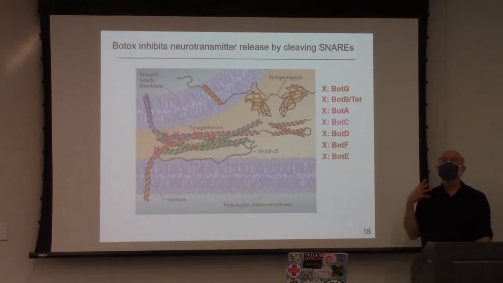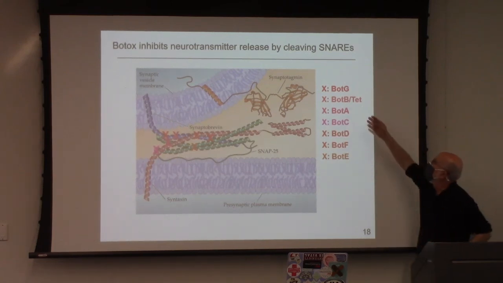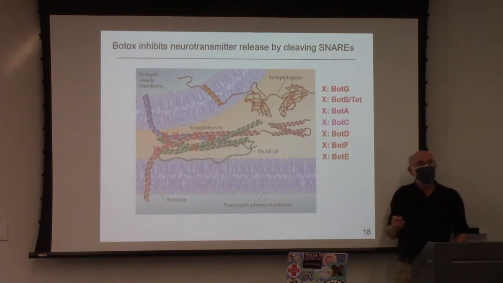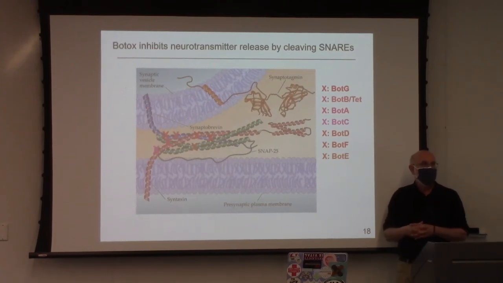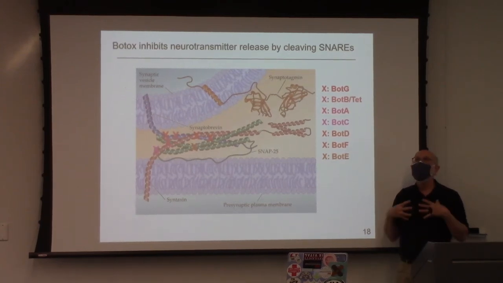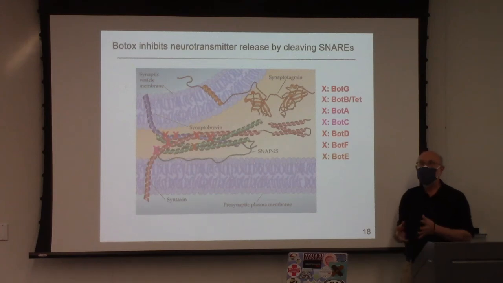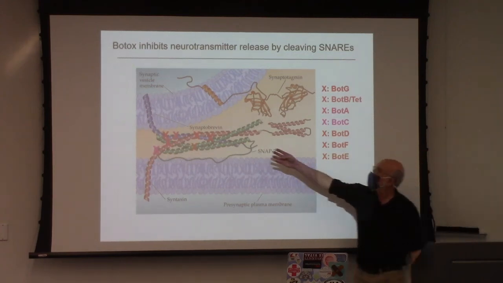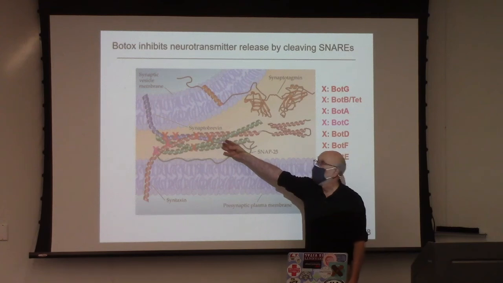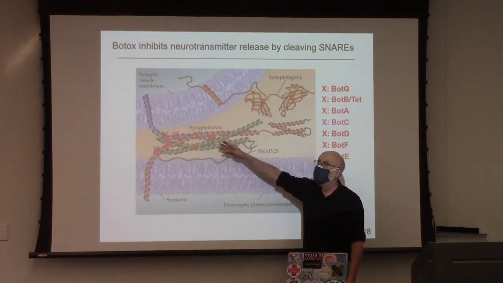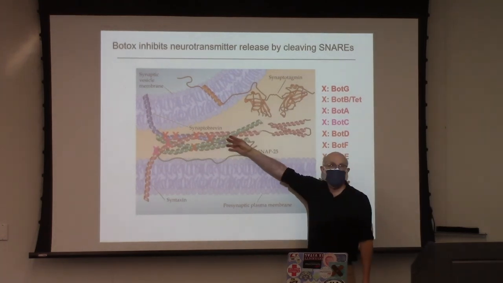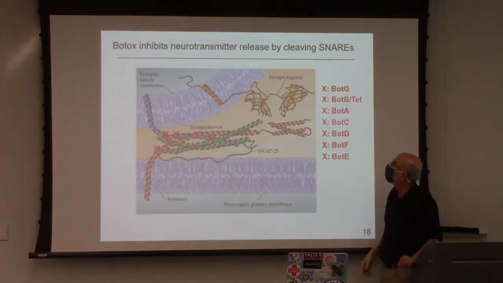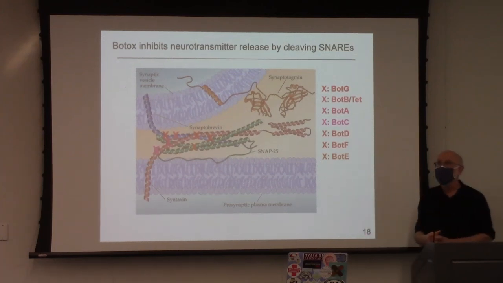So there's an interesting factoid. This will not be on any test, but an interesting factoid is the toxins in botulinum. If you get botulism, it's a paralytic neurotoxin. Botulism prevents neurotransmitter release by cutting the snares. Different toxins have different cutting sites on this process and prevent neurotransmitter release.